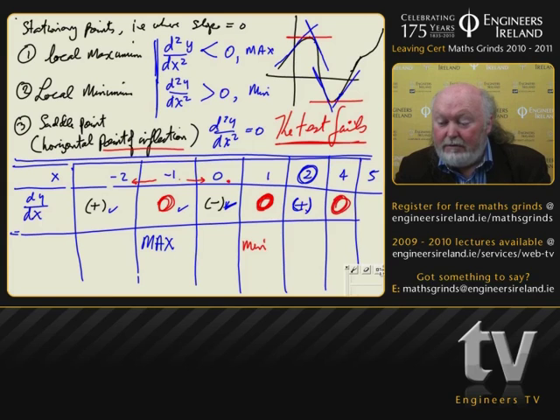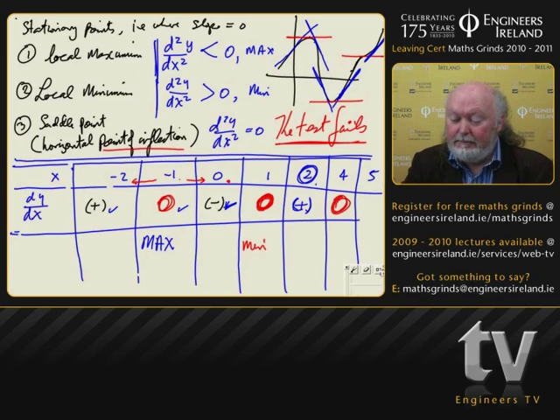We already have confirmed that at 2 we have a plus slope, we have 0 slope here, and beyond it we also have a plus slope. So then, that's a saddle point.